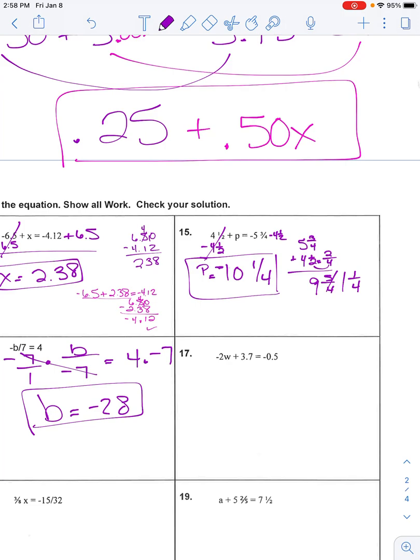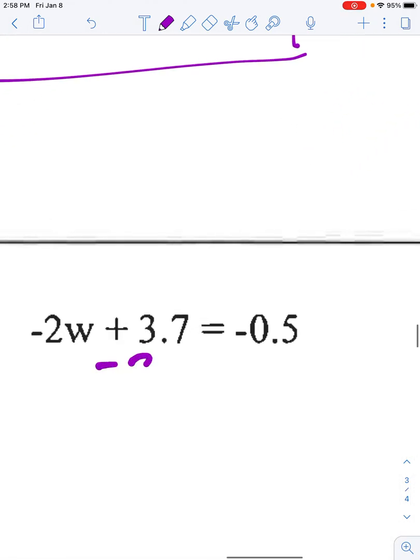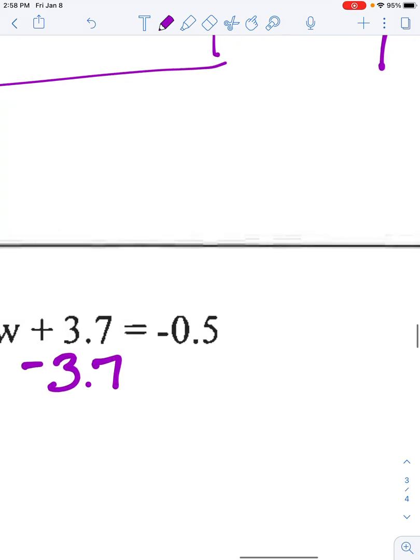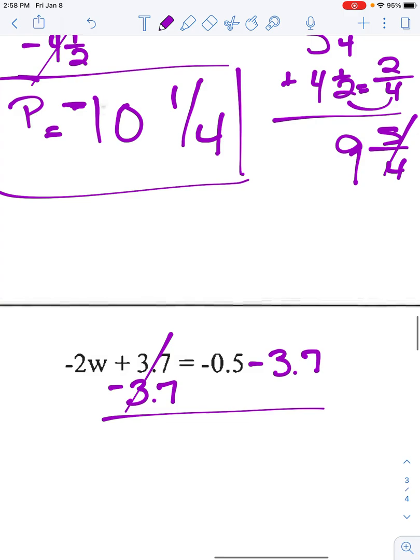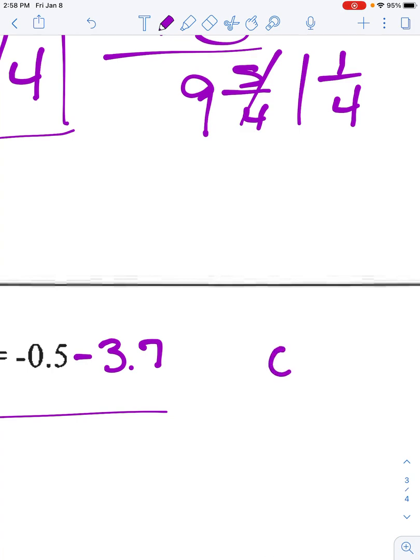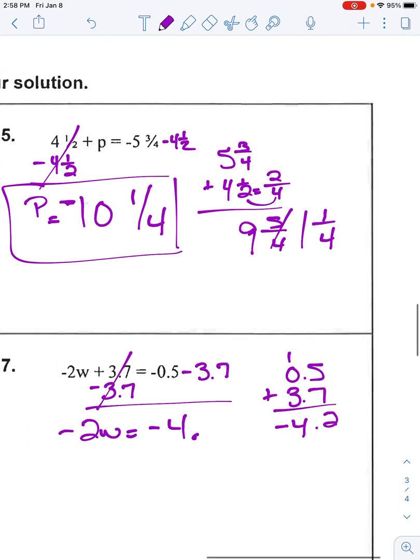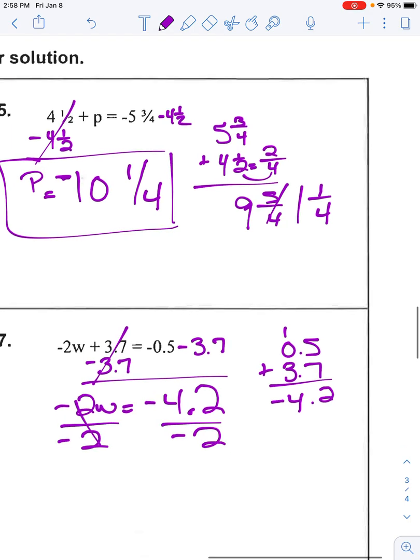Okay, starting with the next one, this is a two-step equation. I need to get a negative 2w by itself. Undo addition and subtraction first. So I'm going to subtract 3.7 from both sides, leaving me with negative 2w. On the right, a negative minus a negative, same sign, find the sum. So we're adding the 2, line up those decimals to get a negative 4.2 because there's lots of negatives.